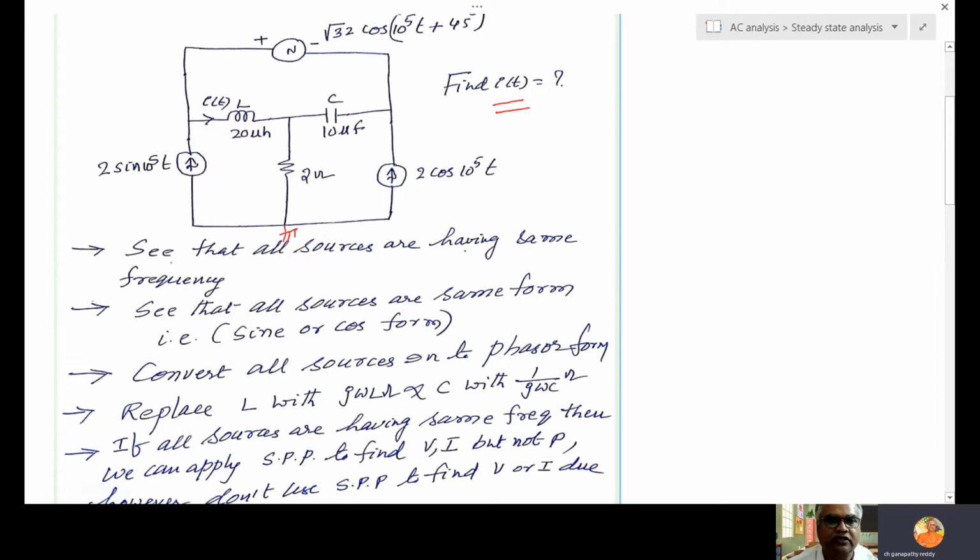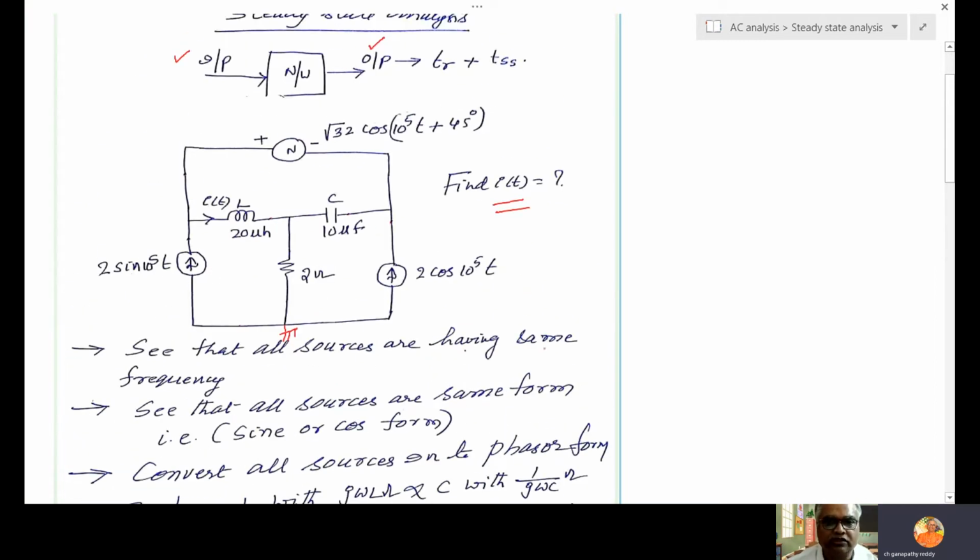The first one is: see that all sources have the same frequency. So 10 power 5, 10 power 5, 10 power 5. All have the same frequency. That is the first one, satisfied.